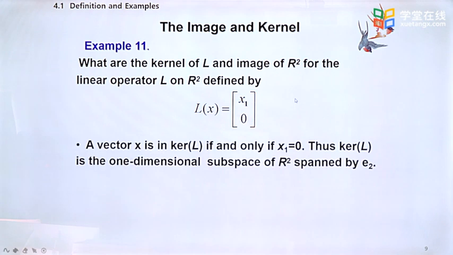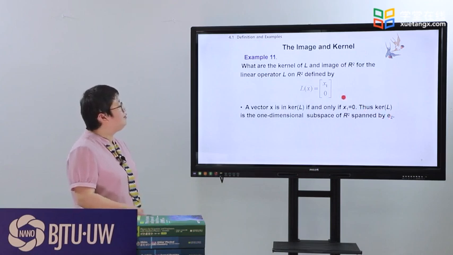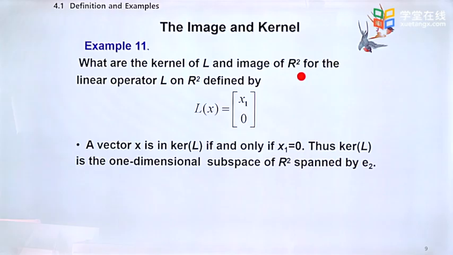So a vector X is in the kernel of L if and only if X1 equals 0, thus the kernel of L is a one-dimensional subspace of R2 spanned by E2. Okay, and when we consider the image of R2, the vectors should be in this form, so X2 equals 0.